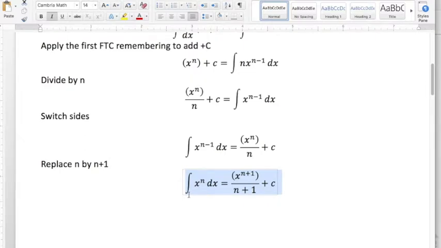The antiderivative of x to the n is x to the n plus 1 over n plus 1 plus an arbitrary constant. Obviously, this formula doesn't work if n plus 1 is 0, because we can't divide by 0. So this is the antiderivative of x to the n, assuming n isn't equal to minus 1.